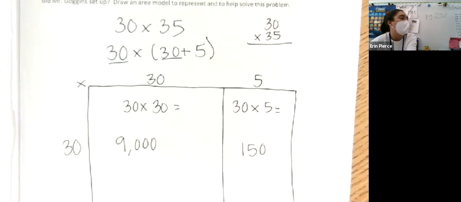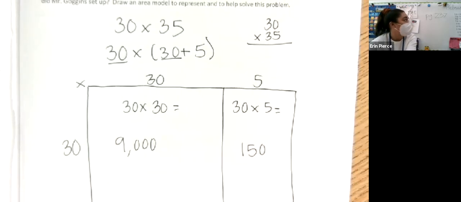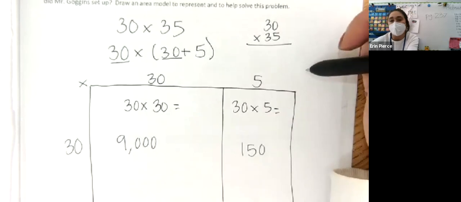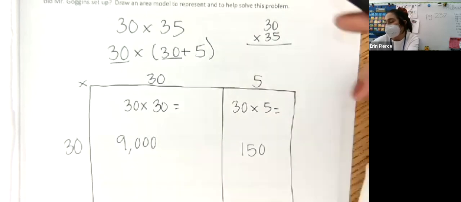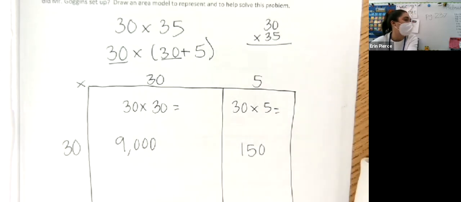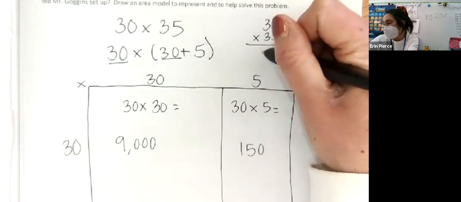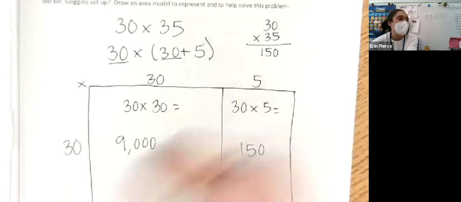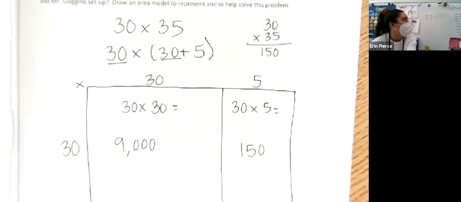Some of you did not do this part on your exit ticket. I'm going to start with the smaller box of 5 times 30. What did I get when I did 5 times 30, Eliza? 150. And I go to my next box of 30 times 30.